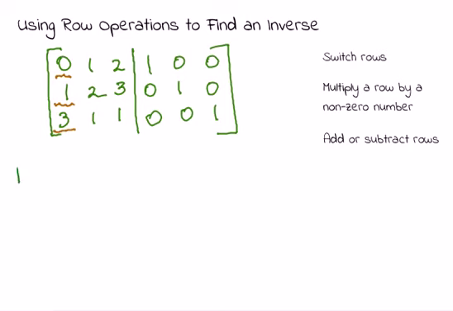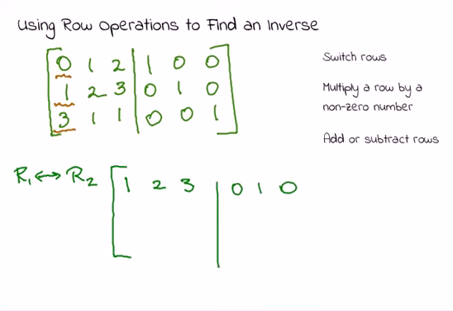So I'm going to switch row 1 and row 2. That means row 1 is going to become 1, 2, 3, 0, 1, 0. And then row 2 is 0, 1, 2, 1, 0, 0. And row 3, at this point, we're not changing.